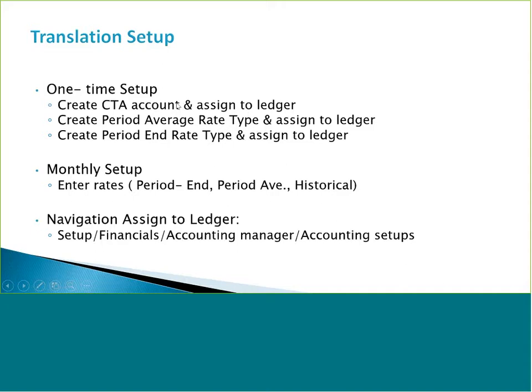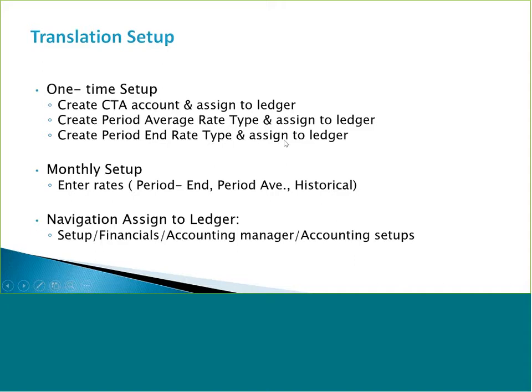So now, after we have created the CTA account, the period average rate, and the period end rate, we need to assign all these three things to the ledger.